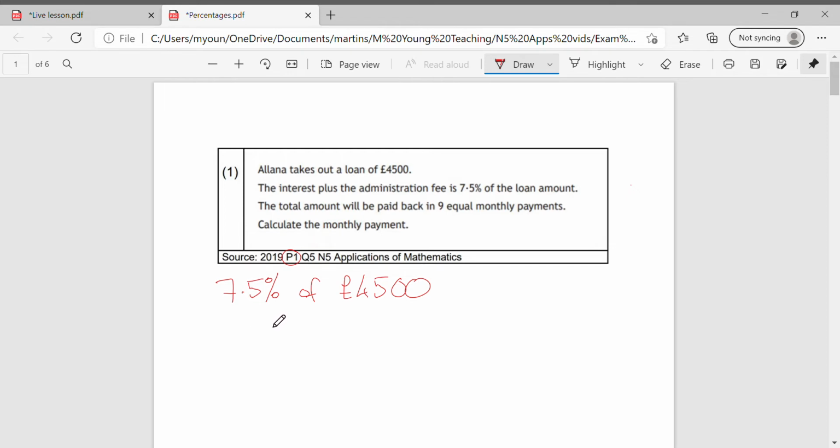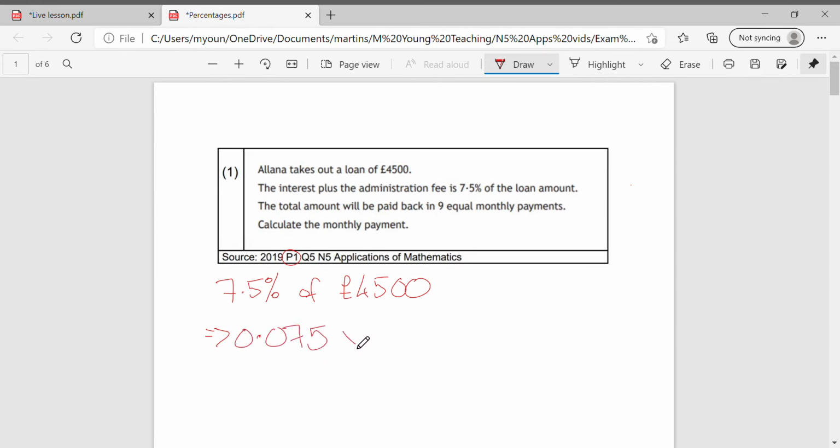What I'm going to do, because I've noticed that this is quite a nice number because we've got zeros at the end, that let me know that if I turn this into a decimal, I'm going to be able to deal with it. We could do it in a number of ways, but I'm just going to do 0.075. That's me made it into a decimal.